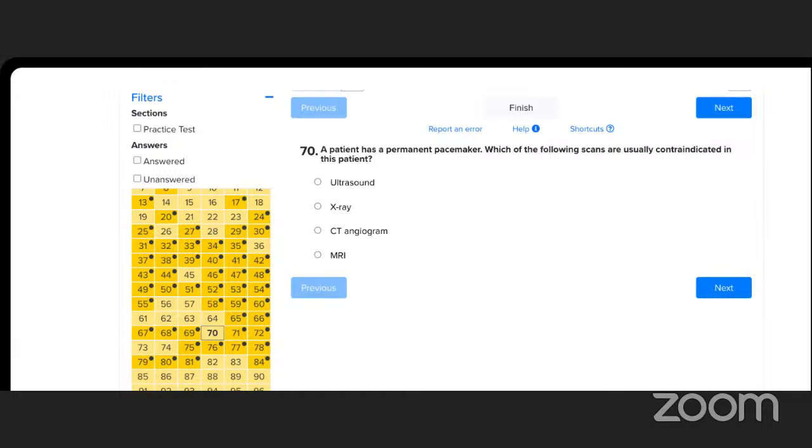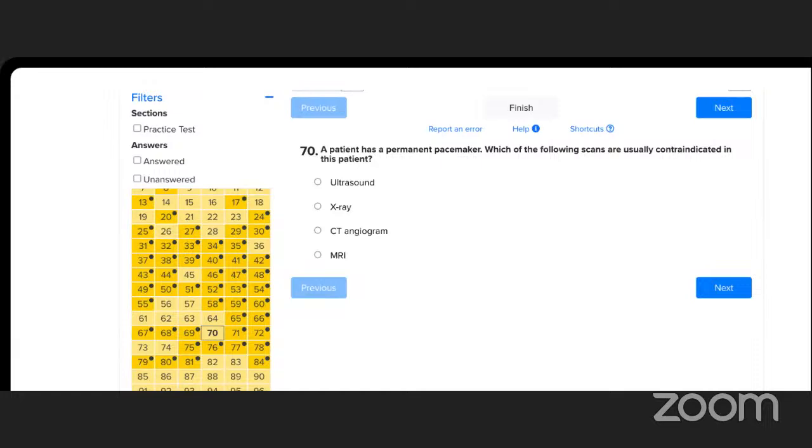So I'll just give you guys an answer, because if you work with them long enough, you're going to encounter a patient that needs an MRI, and a patient with a pacemaker is usually contraindicated. Sometimes, with technology now, they ask what type of pacemaker, so they have to know the details of whether they allow it.